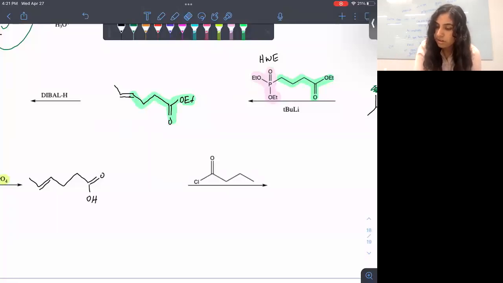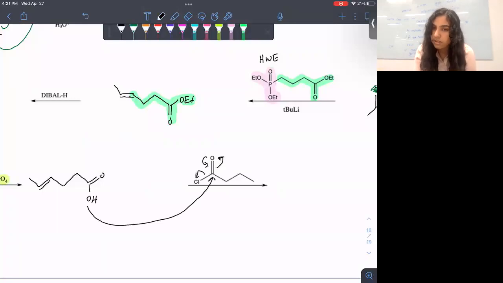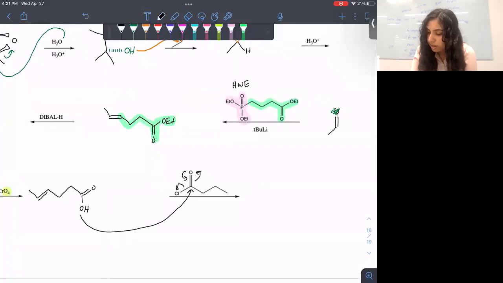So I'm just going to send the OH to go in, attack the carbonyl, and then the Cl is going to leave. So my final product is an acid anhydride. And that is our final product.